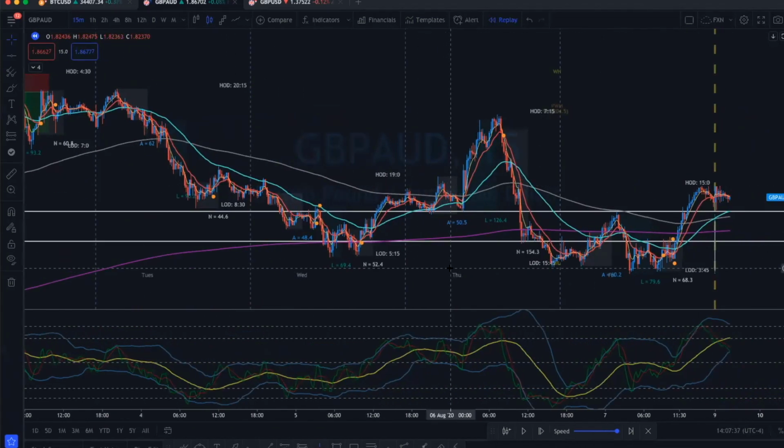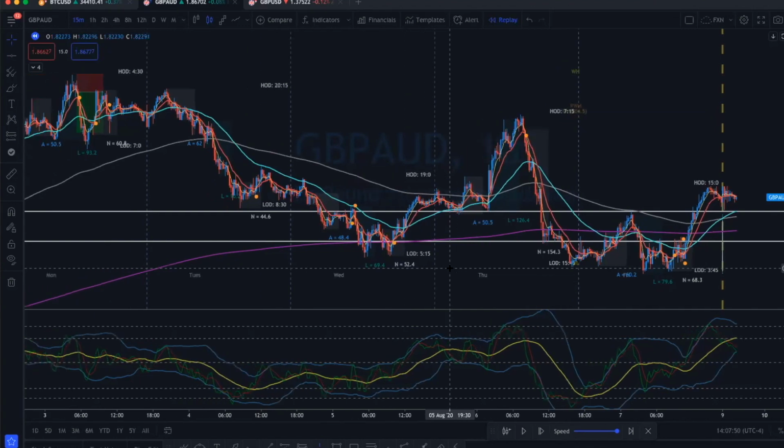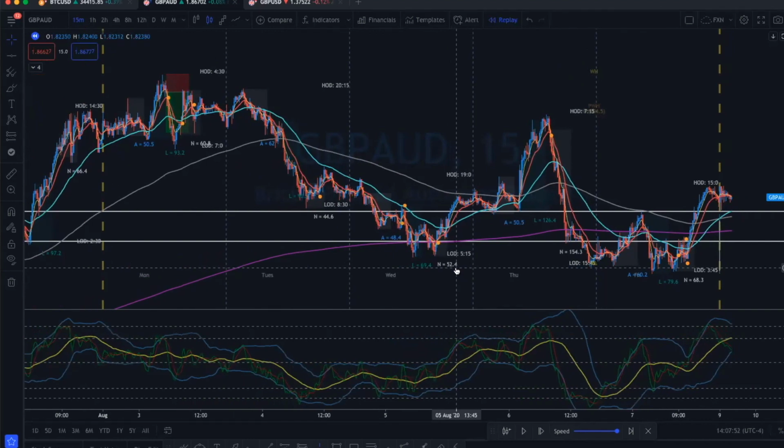Now this is only one pair, right? So let's just say you're following three to four pairs because you're only trading London. I think with trading 3 or 4 pairs, you could have gotten maybe 3 or 4 trades for that week, depending on whatever pairs you're trading.